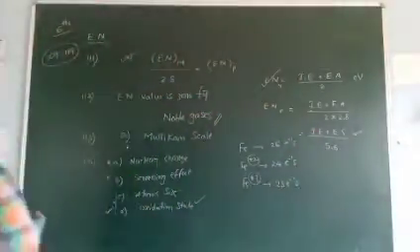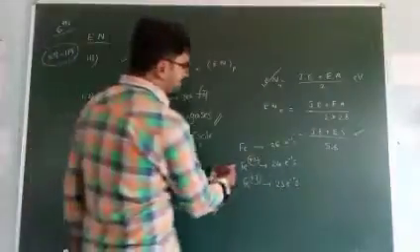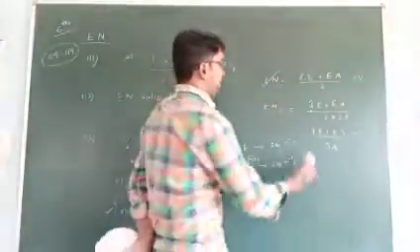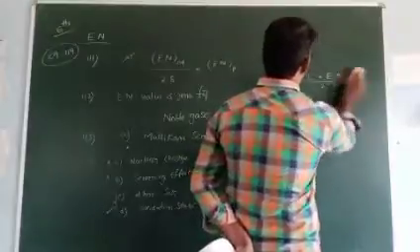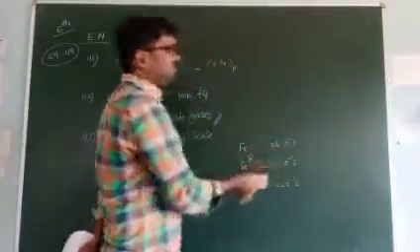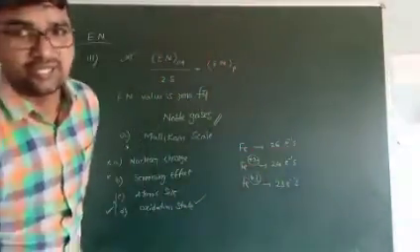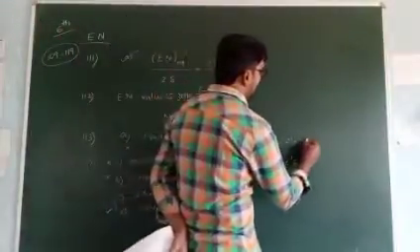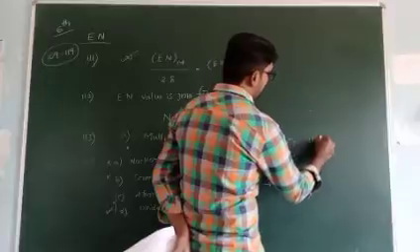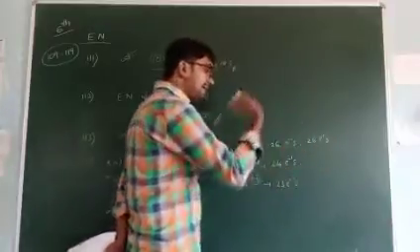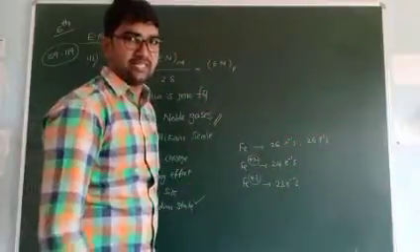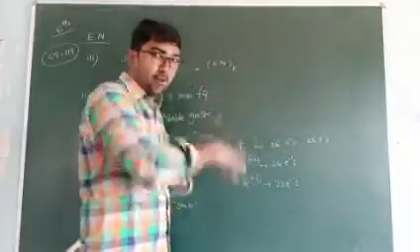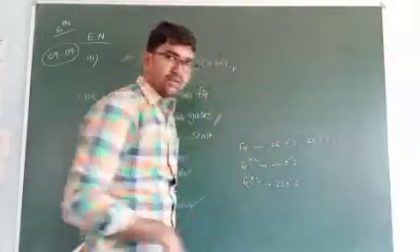You know that Fe plus 2 means ferrous ion and Fe plus 3 means ferric ion. Now, which one is the smallest in size? Actually, iron contains 26 protons in the nucleus, and outside 26 electrons revolve.